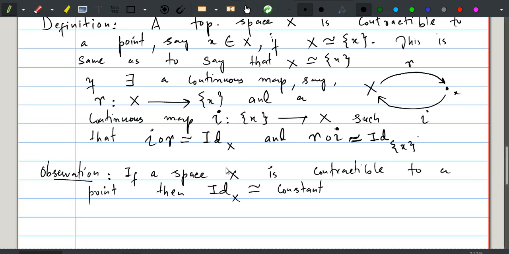So in order to prove a space X is contractible, it is enough to prove that the identity map on that space is homotopic to a constant map.